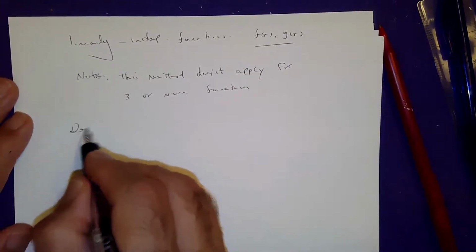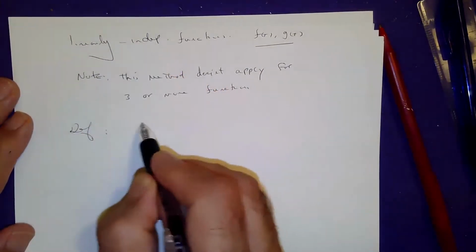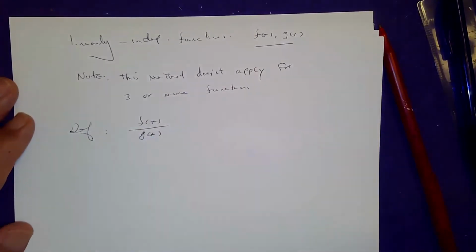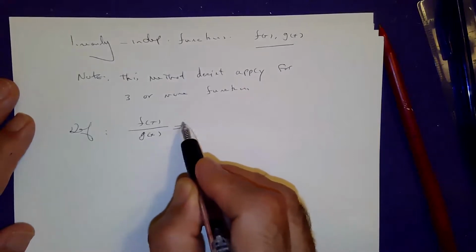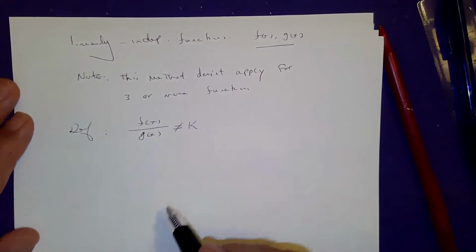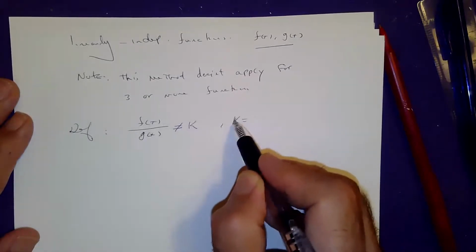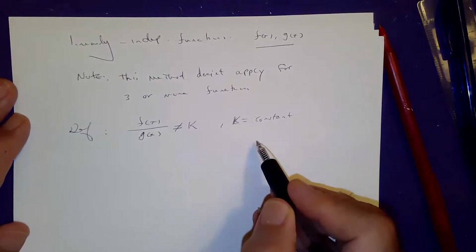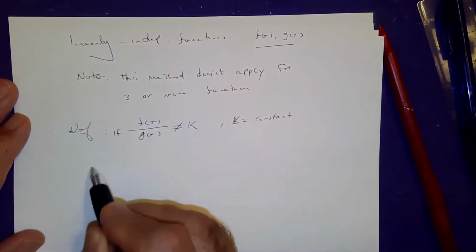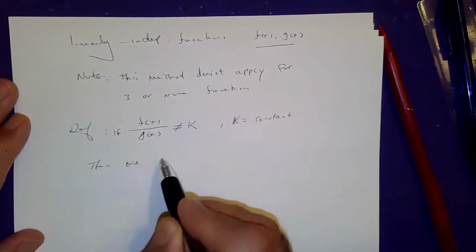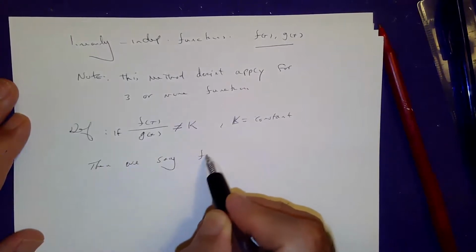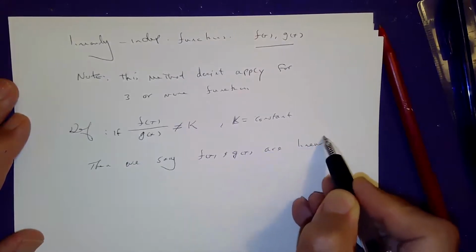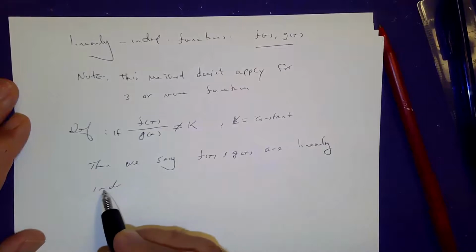So here is the definition of linearly independent. Two functions are said to be linearly independent if you divide one by the other and you don't get a constant, k. In other words, the result should be a variable, not a constant. If that's the case, then we say f of x and g of x are linearly independent.